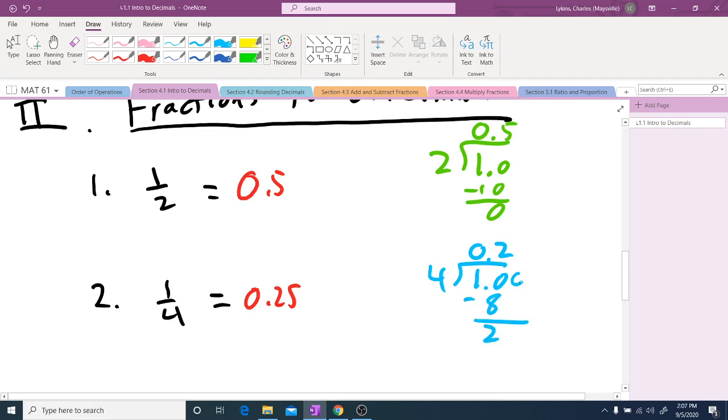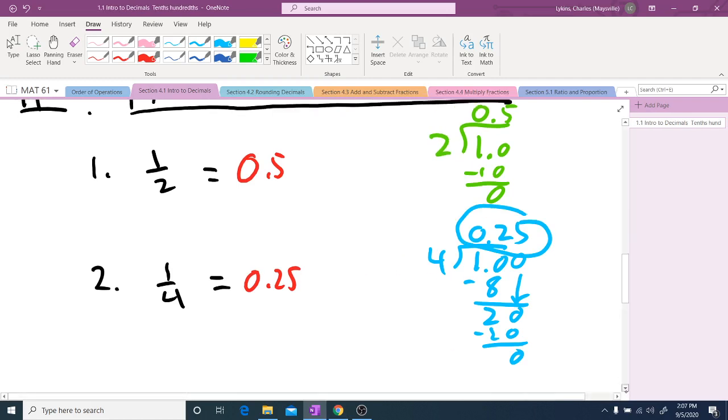You have to put down another 0. Anytime that you're still trying to work this out with a remainder, put a 0. So then I bring that 0 down to make it 20. Now 4 goes into 20 5 times. 5 times 4 is 20. That's no remainder. So this is what we come up with by just using our brains.